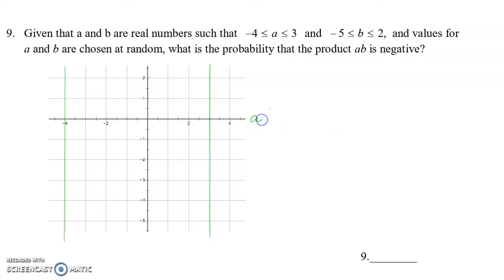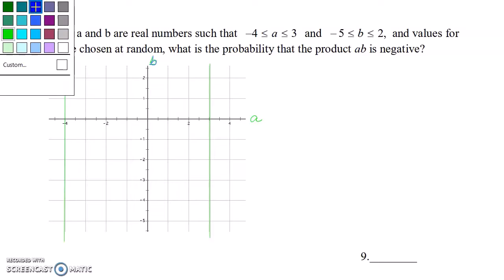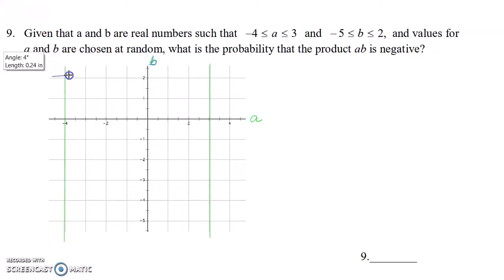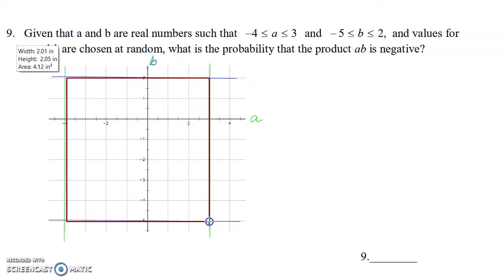And I'm thinking of the x-axis as A, and then the y-axis as B. And then B's, I want my B values to be smaller than 2, but greater than -5. So now, if we look carefully, we can see we've created a quadrilateral right there. And it is 7 by 7. So my total area is 7 squared.